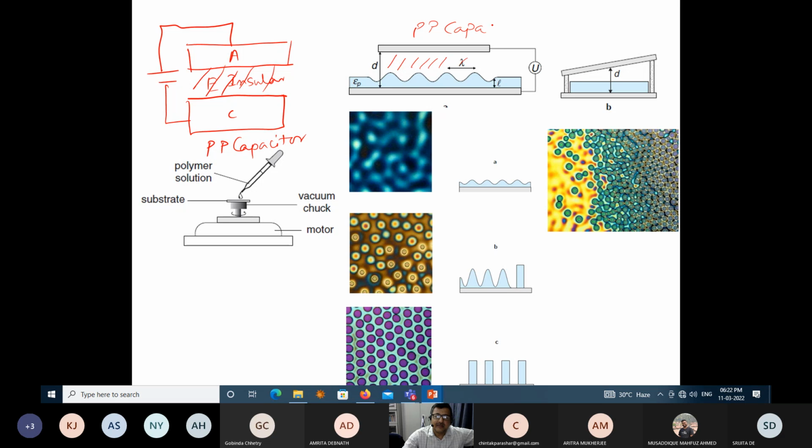What is the beauty of a parallel plate capacitor? You can understand that if this is positively charged, say this is plus, then at this place it will be minus. So essentially these bound charges are getting separated. This is plus, this is minus, and this is again plus.